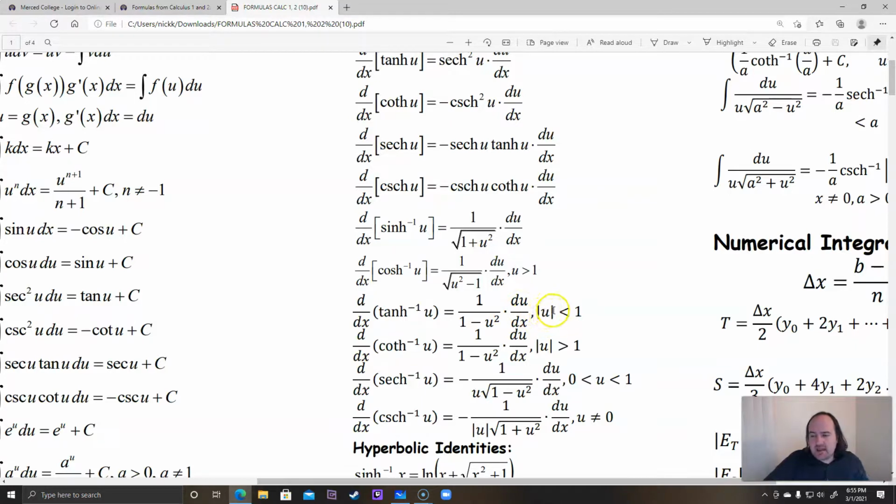And notice here they say absolute value of u is less than 1. That's why in the problem they said absolute value of sine of x was less than 1.